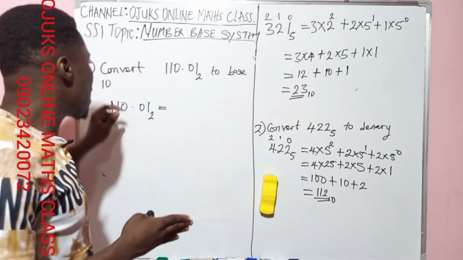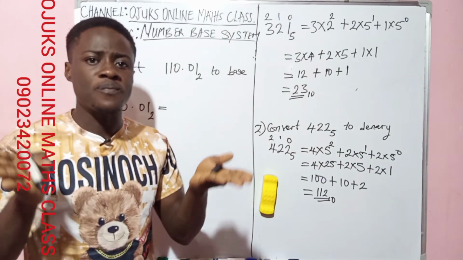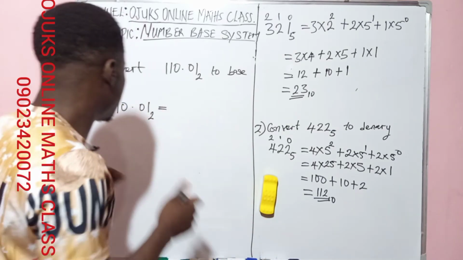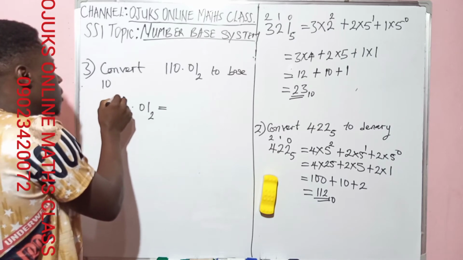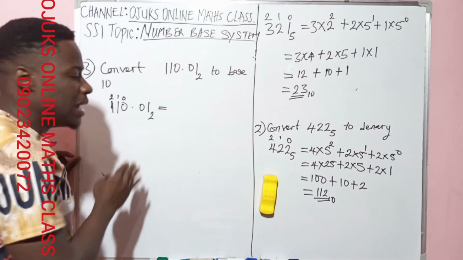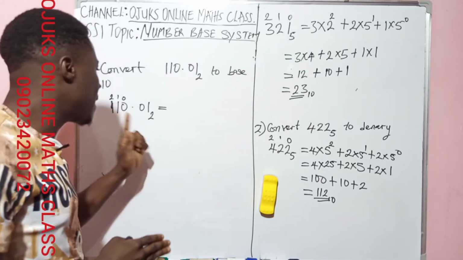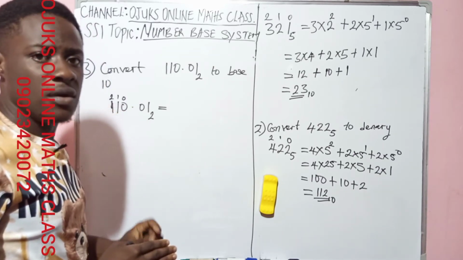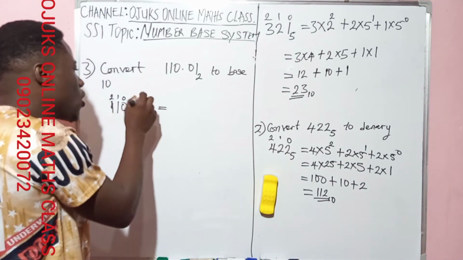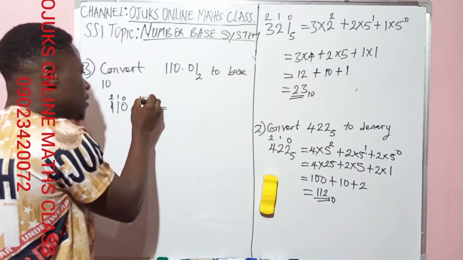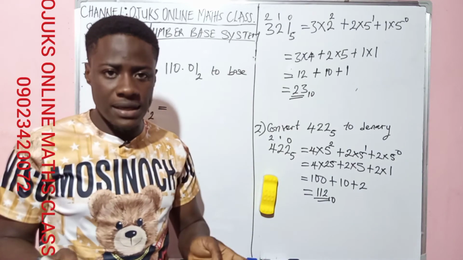Just as usual, we assign our powers for the whole number part just as we used to do: 0, 1, and 2. Then for the decimal part, the first digit bears the power of -1, followed by the second one, which is the power of -2. The same goes if the decimal part keeps extending.